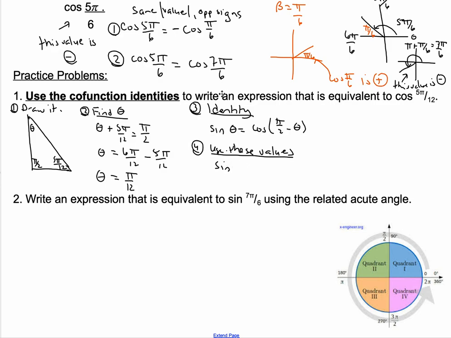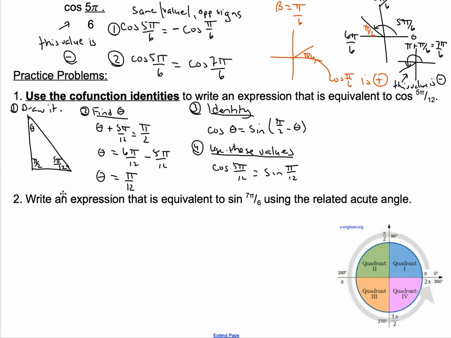Oh, hold on. They want me to use cos, not sine. Okay, so I know the cos of the angle that they gave me is equal to the sine of pi over 2 minus theta. And then that means that here I would say the cos of 5 pi over 12 is the same as the sine of pi over 12.